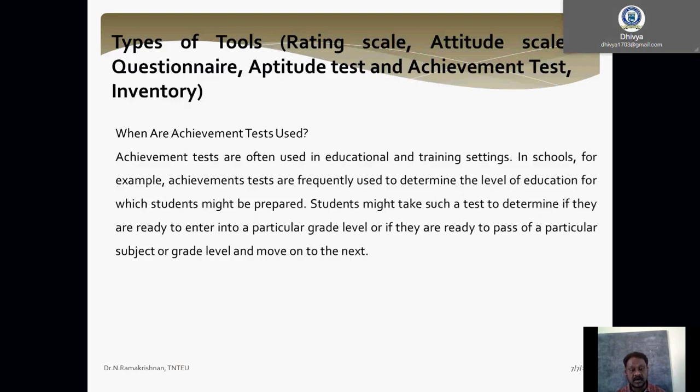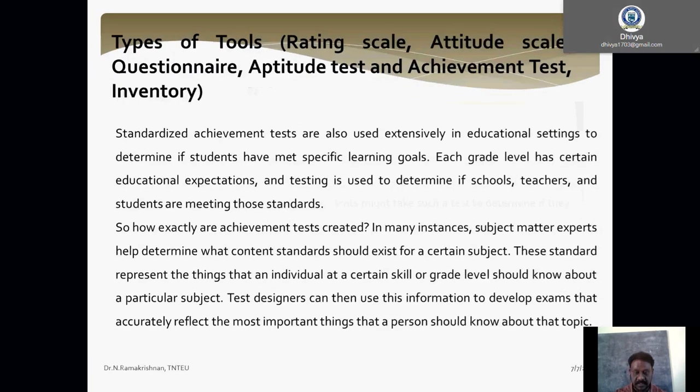That annual examination covers the entire subject matter of that particular year, and if you have passed with a certain percentage, 50% or 35%, the students are considered as having the required knowledge for the 10th standard. Now they are ready for 11th standard. So these are the basic uses of an achievement test.